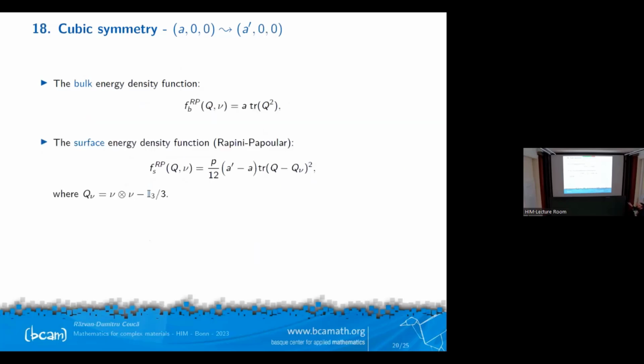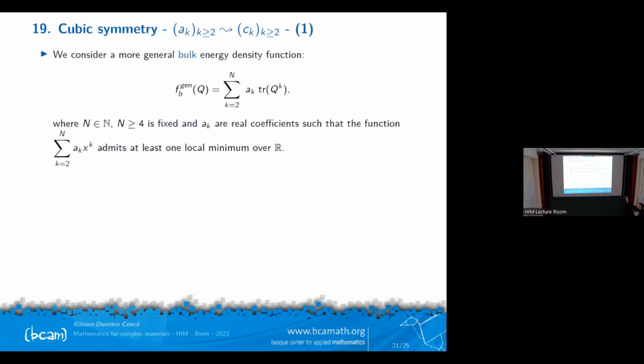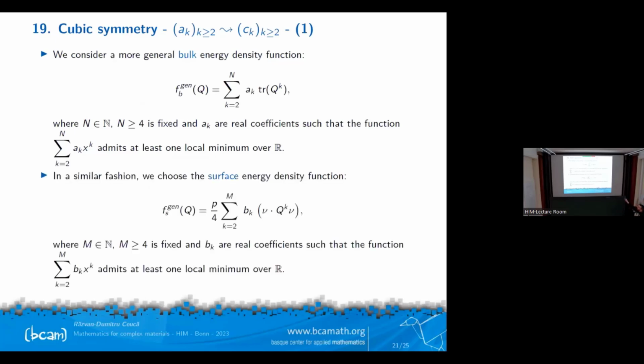At the same time, you can choose more general bulk versions. If you want to use the sextic Landau-de Gennes bulk potential, you can always use it, or you can use a more general polynomial. And you can describe the surface energy density function in the same way, in a polynomial version, as long as you still satisfy the growth conditions that we have seen on the previous slides.